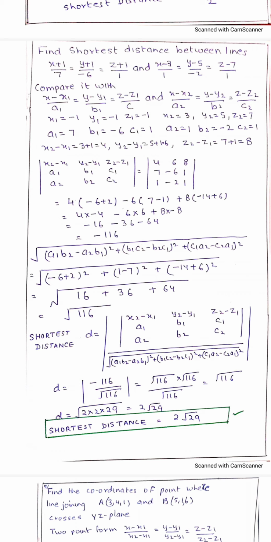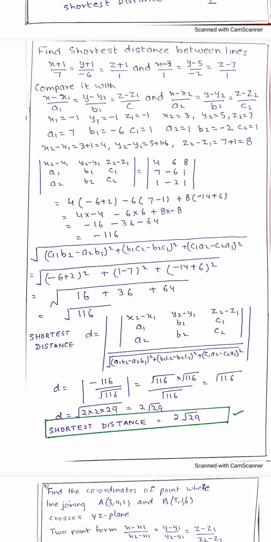After finding out these quantities, first of all we find out x2 minus x1, y2 minus y1, z2 minus z1. They are coming as 4, 6 and 8. a1 b1 c1 is 7 -6 1. a2 b2 c2 is 1 -2 1. Put it in a determinant as shown.